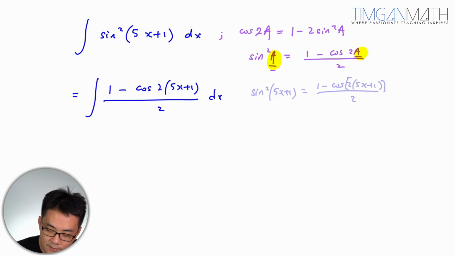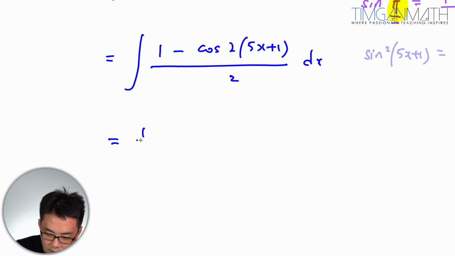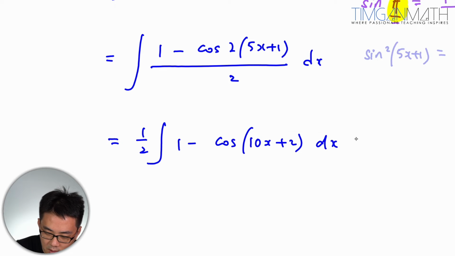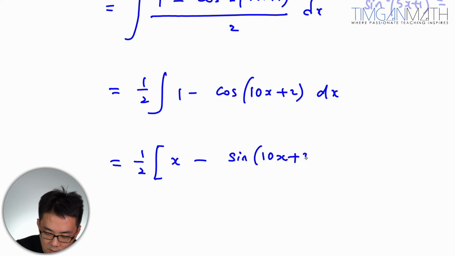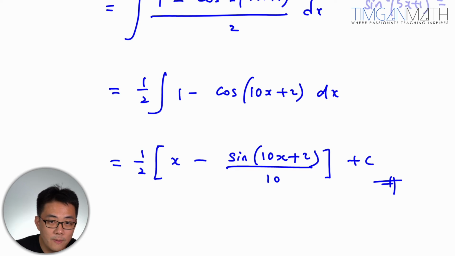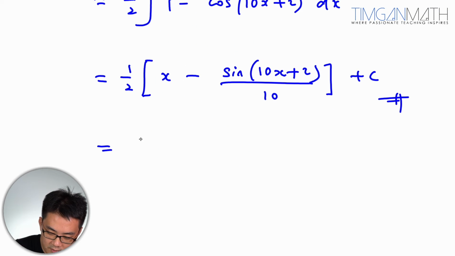Once this is done, I can rearrange this to 1 minus cosine of 10x plus 2, all over 2, dx, and start integrating. Integrating 1 will be x, and this will be sine of 10x plus 2 over 10. Or you can just expand this as half x minus sine(10x plus 2) over 20.